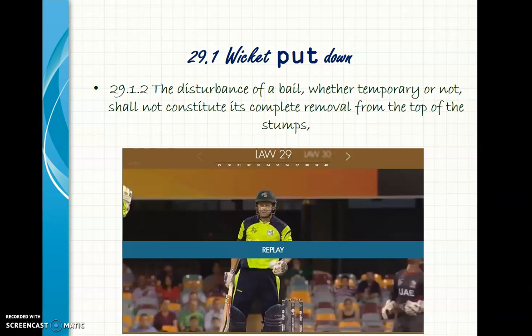So the temporary moving of the bails out of the groove and coming back into the groove will not be considered as complete removal of bails, which is the condition for the wicket to be put down.